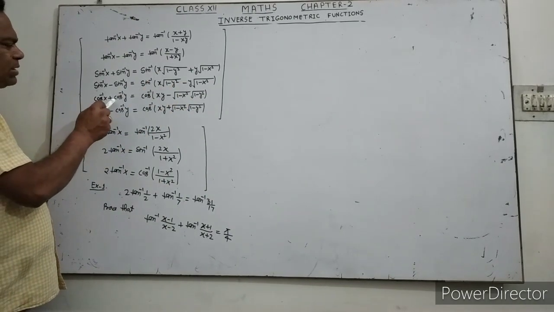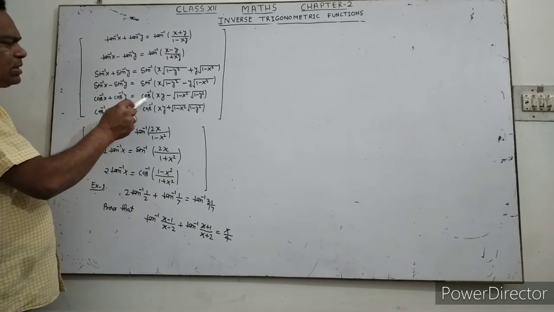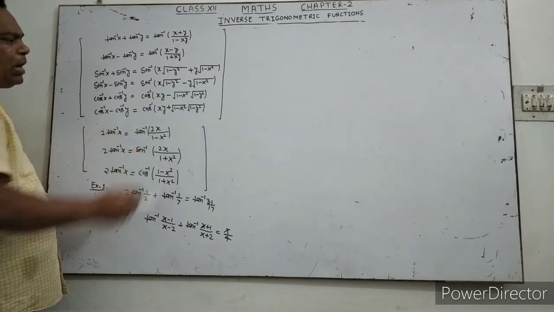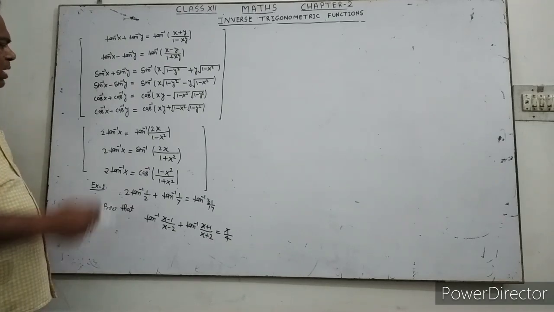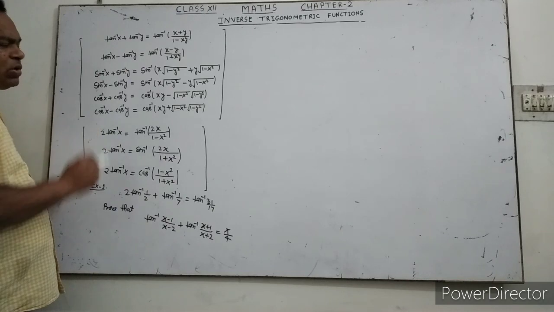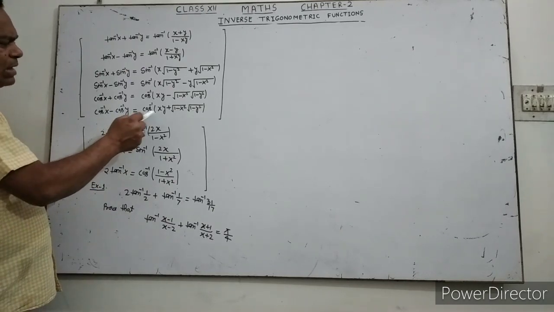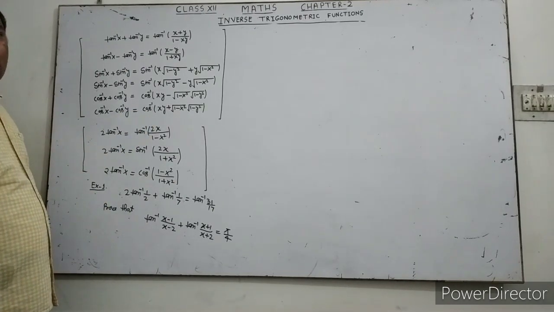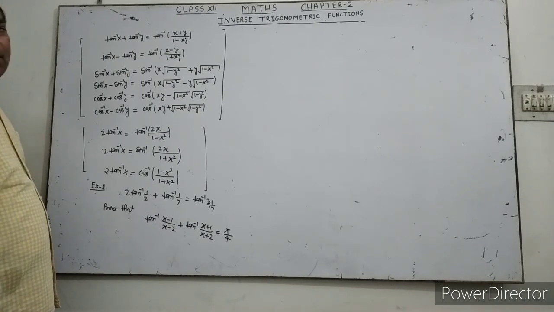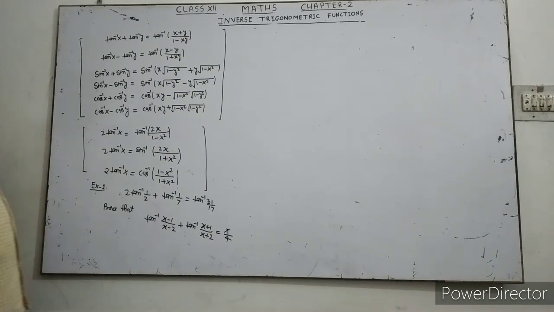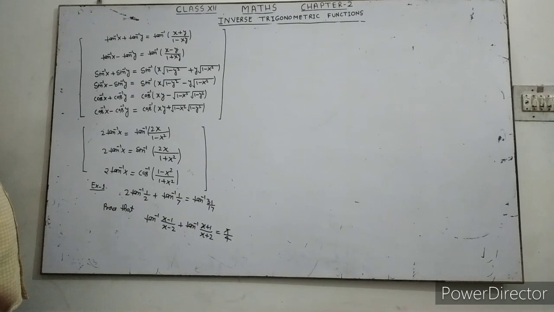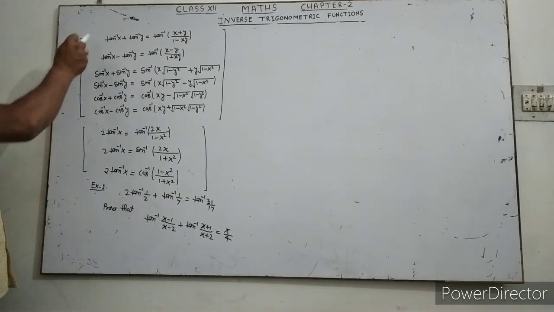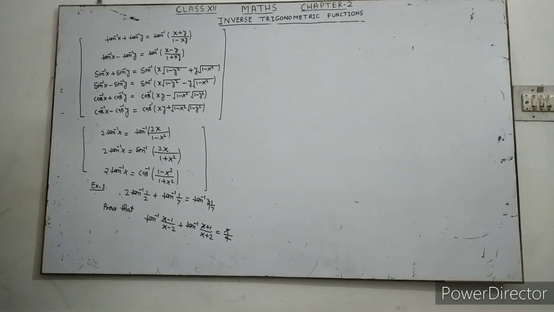Cos inverse x plus cos inverse y is cos inverse of xy minus under root 1 minus x square under root 1 minus y square. Cos inverse x minus cos inverse y is cos inverse of xy plus under root 1 minus x square under root 1 minus y square. Now these formulas are given in the book, and we get two formulas in NCERT.